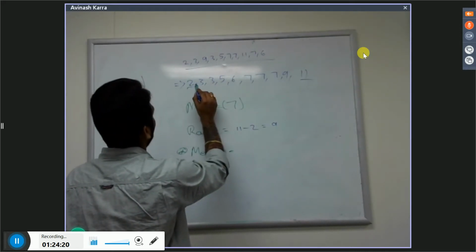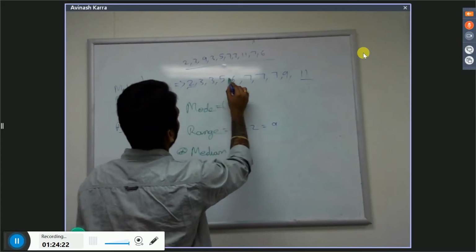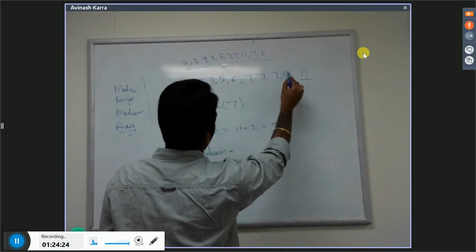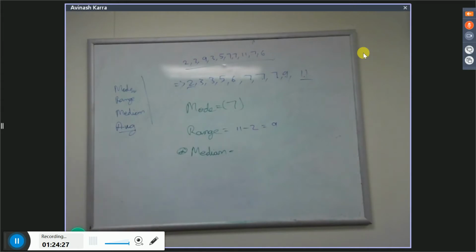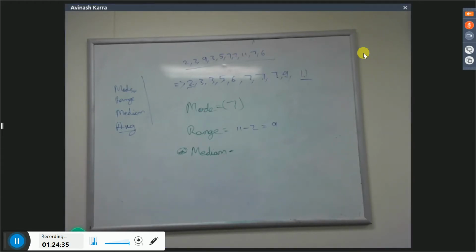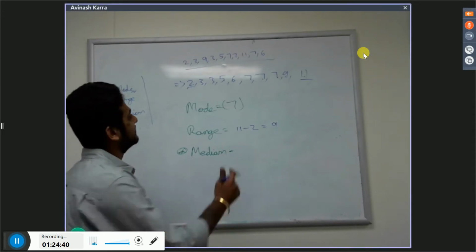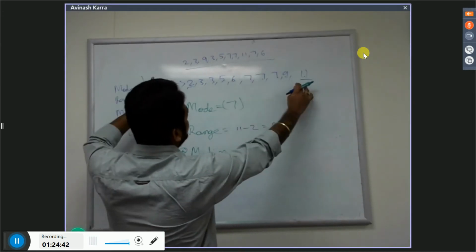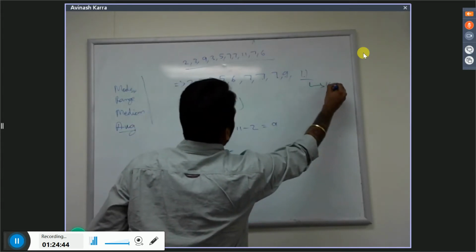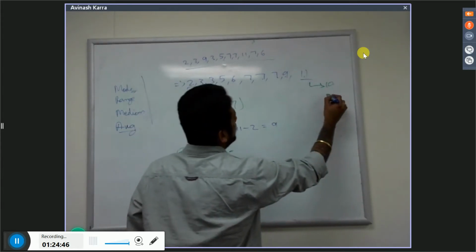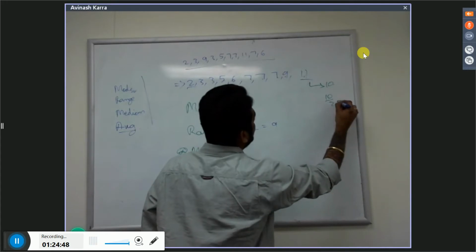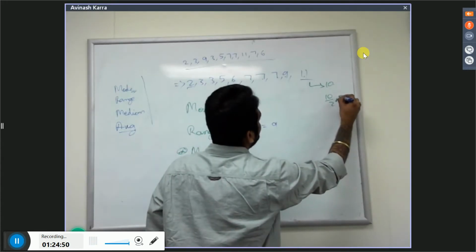So, what is the number in the middle right now? 1, 2, 3, 4, 5, 6, 7, 8, 9, 10. So, what will be the median? Now, here the count is even. How will you find the median? Add the two middle numbers. Exactly. The total number of numbers is 10, right? So, take 10 by 2, which is 5.